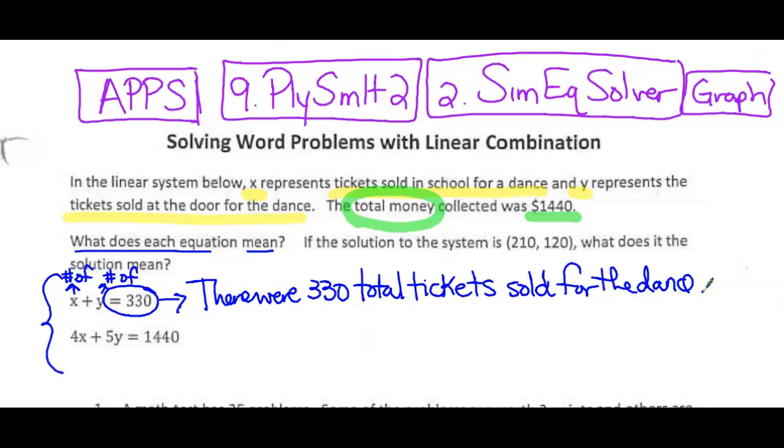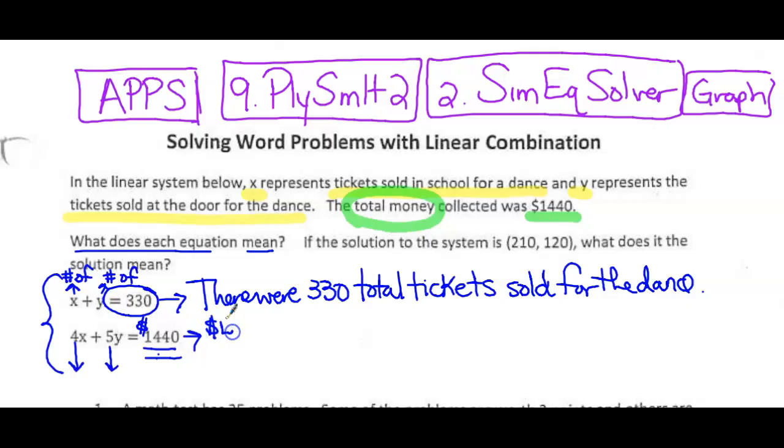We see this 1440 down here, and we know that is money, which means we should be able to figure out what this 4 next to the tickets sold at school represents, and what the 5 next to the tickets sold at the door represents, because there's total money here. So if you're not sure what that represents, I'm going to tell you now.